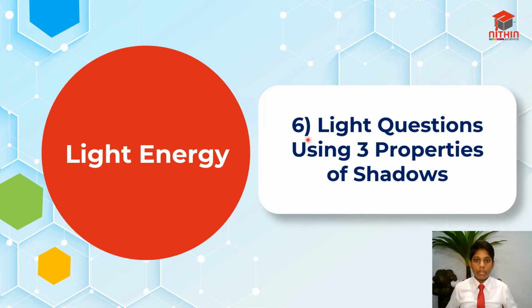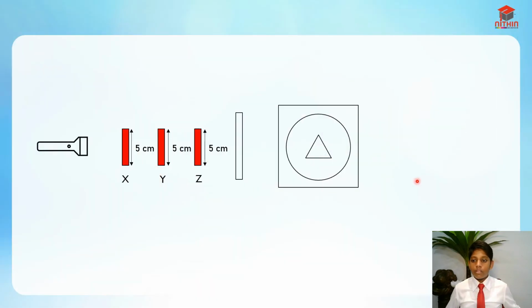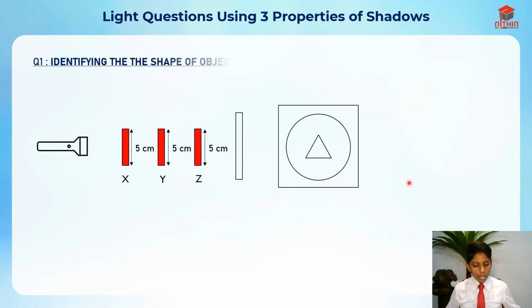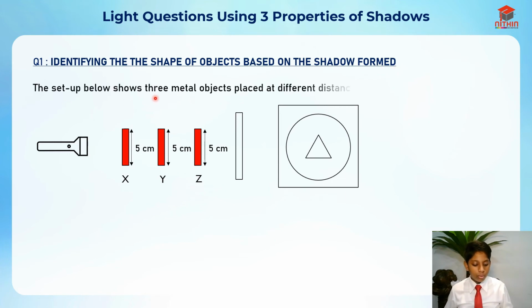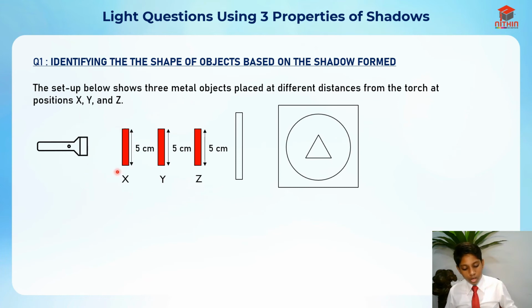For the sixth segment of this video, I'm going to go through light questions using the 3 properties of shadows. For question 1, we are going to identify the shape of objects based on the shadow formed. The setup below shows 3 metal objects placed at different distances from the torch at positions X, Y, and Z. So there's a torch here, objects X, Y, and Z, and then this is the screen.